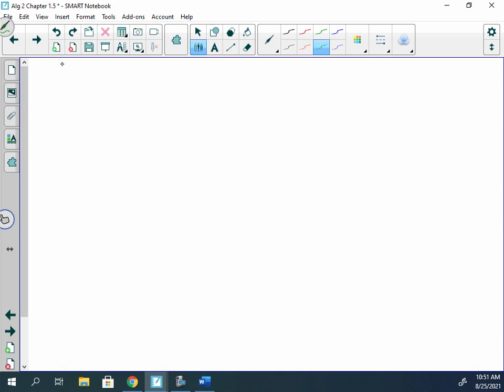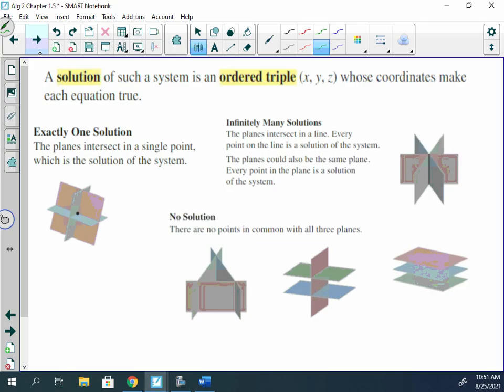Now, there are three different types of solutions we can have. One is exactly 1 point, because in three variable systems of equations, each equation represents a plane, a three-dimensional flat surface. And what we're looking for is where a point or set of points is true for all three equations.